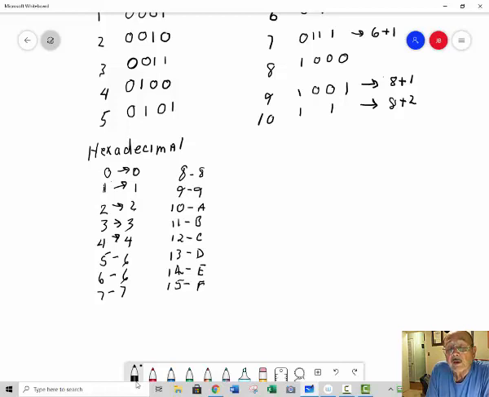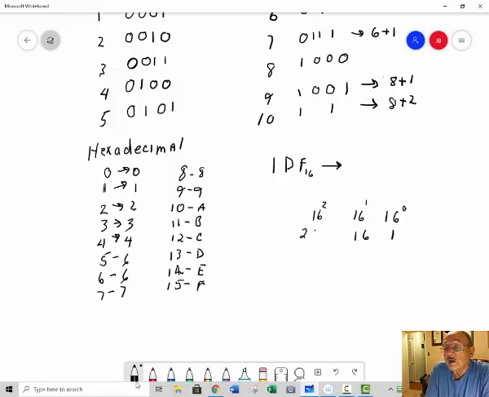Okay, now let's take a look at how this works. Suppose that I have a number, I don't know, 1DF, base 16, and I want to know what the equivalent decimal is. Well, keep in mind that these are powers of 16. 16 to the 0 is 1. 16 to the first is 16.